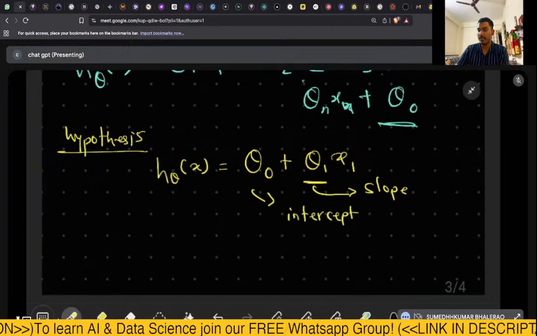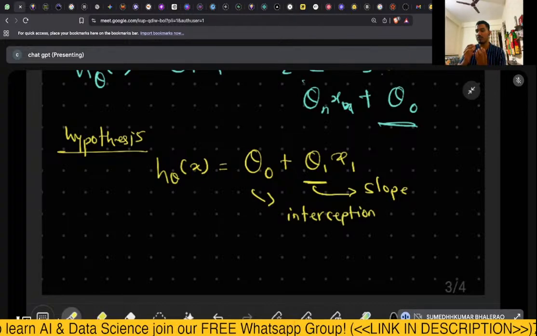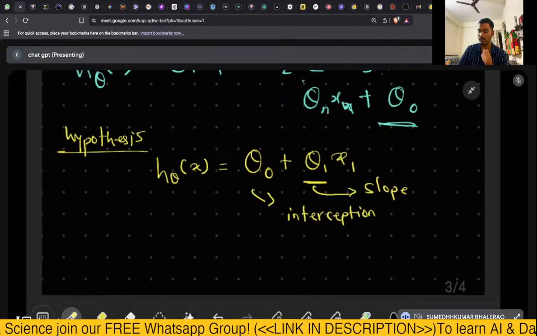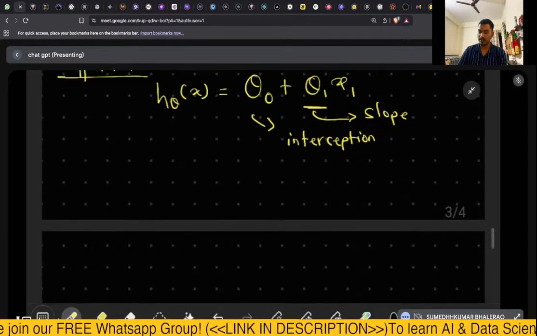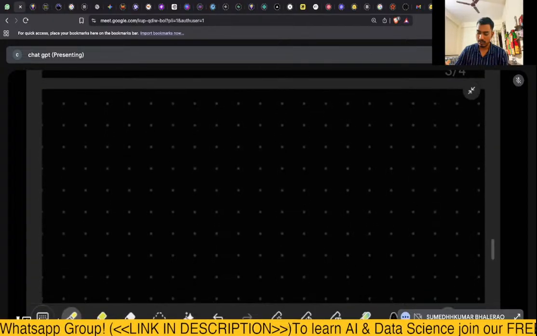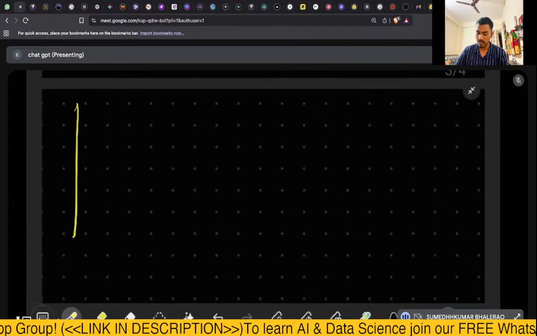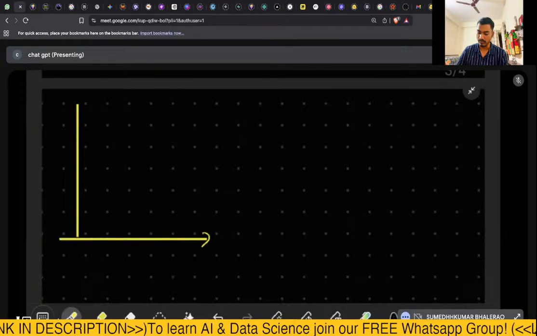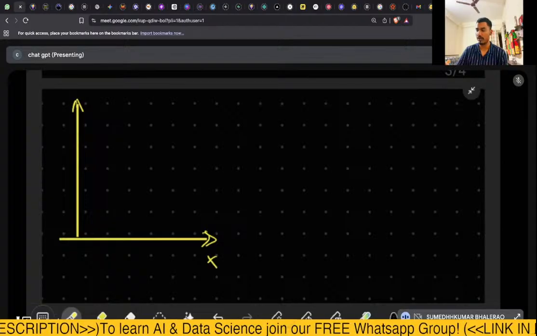I'm repeating these things so many times so that you understand. Now for example, let me take an x axis and y axis. This is x, this is y.